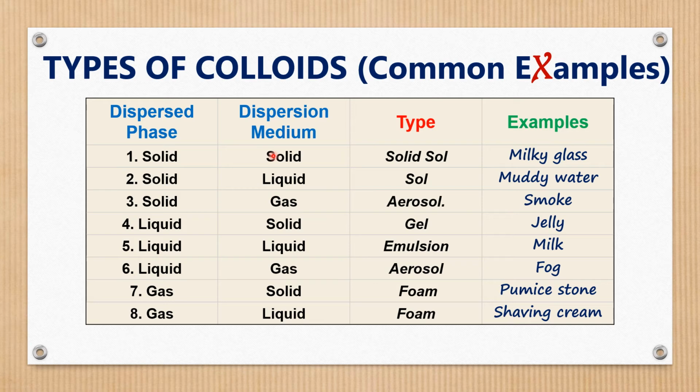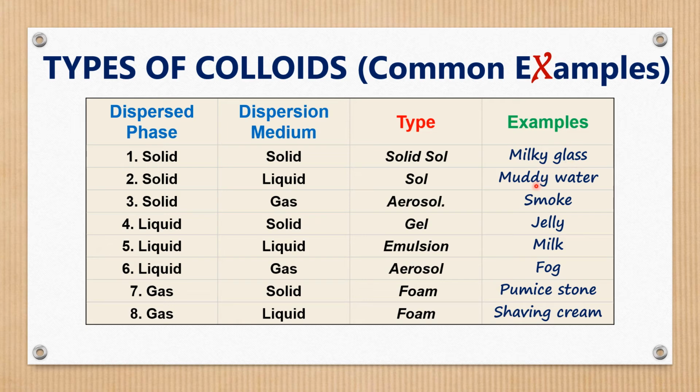That is why its type name is solid sol. Examples are milky glass and colored gemstone.